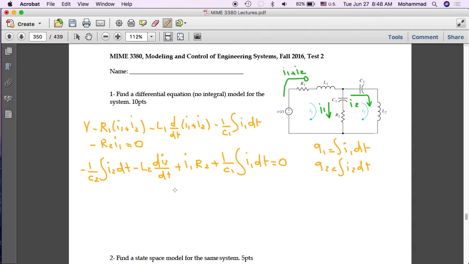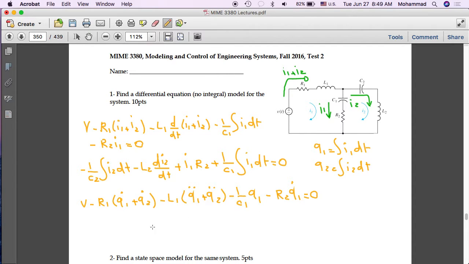So the first equation therefore becomes, I becomes Q dot. So the first equation becomes V minus R1 (Q1 dot plus Q2 dot) minus L1 (Q1 double dot plus Q2 double dot) minus 1 over C1 Q1 minus R2 Q1 dot equals 0. So that's what the first equation becomes.